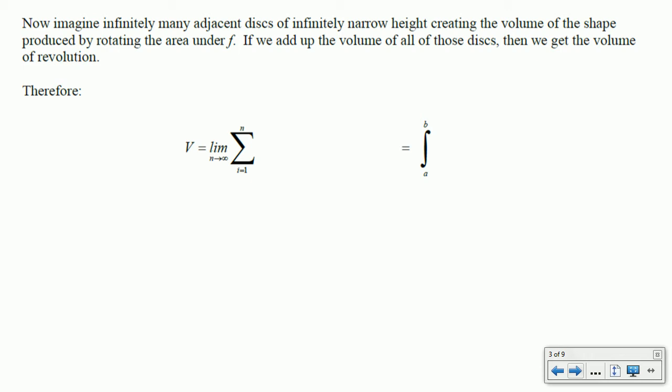If we add up the volume of all those disks, then we get the volume of revolution. So therefore this sum of pi times f at xi squared times delta x is equivalent to the following integral: pi times f at x squared dx.